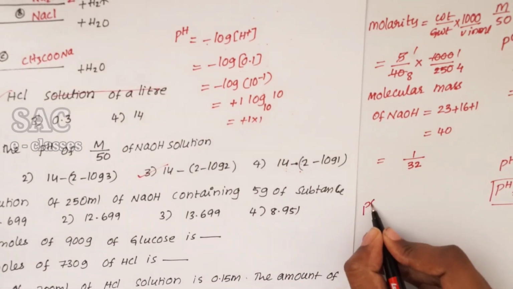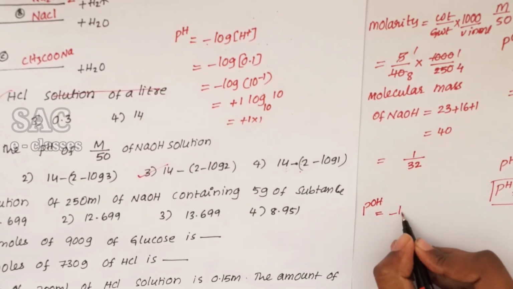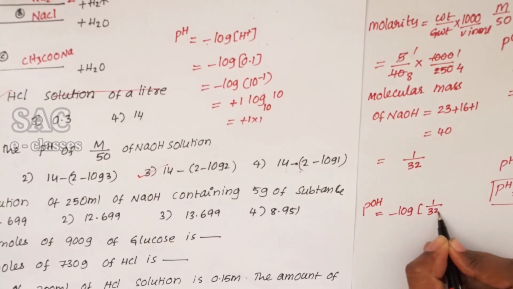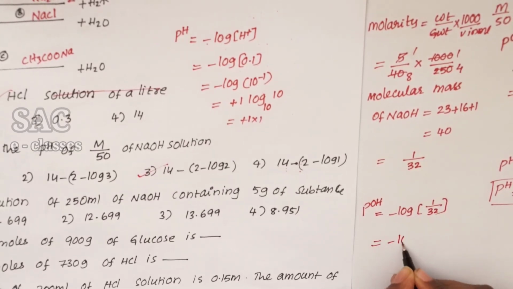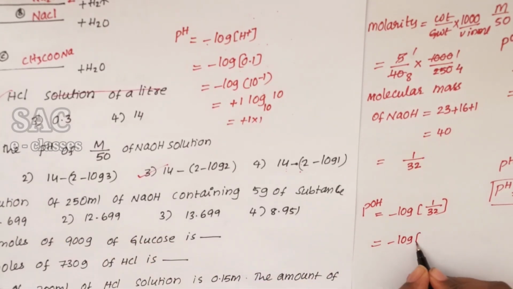Then pOH is equal to minus log of 1 by 32. 1 by 32 can be written as 2 to the power minus 5.